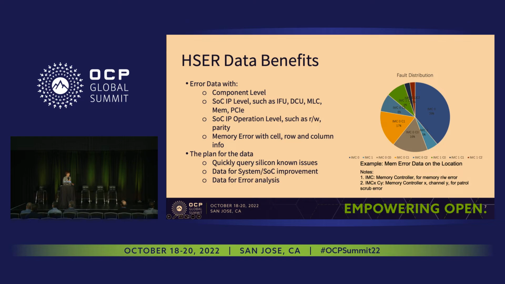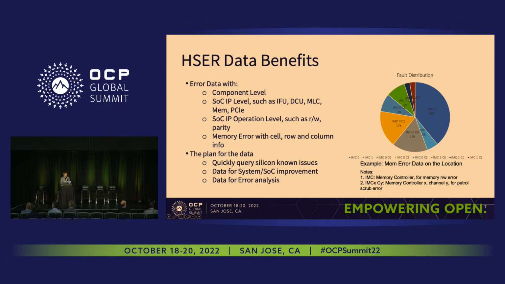Okay, finally, we can talk about some examples of our Hyperscaler system error reporting. This is a picture of our 1 month in-band data for memory controller distribution.